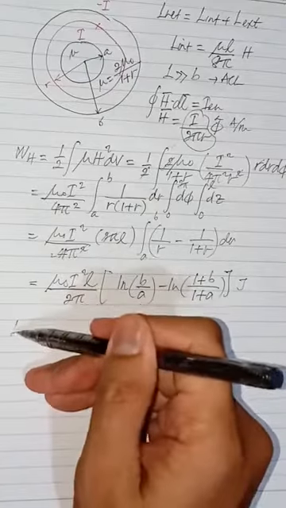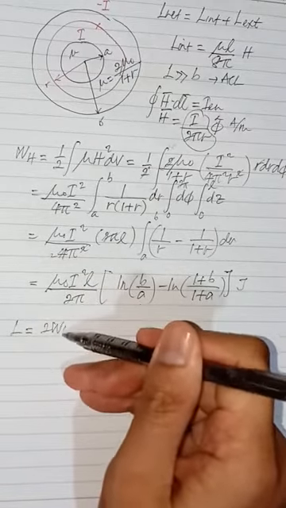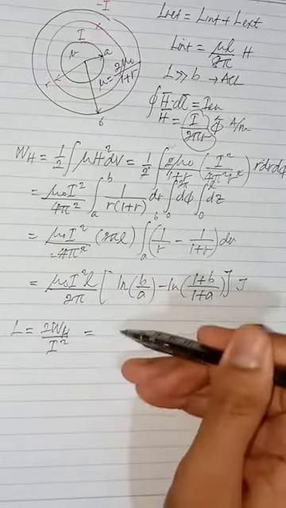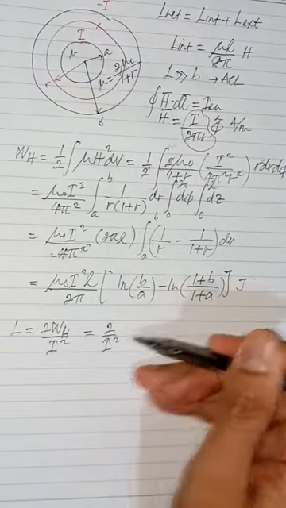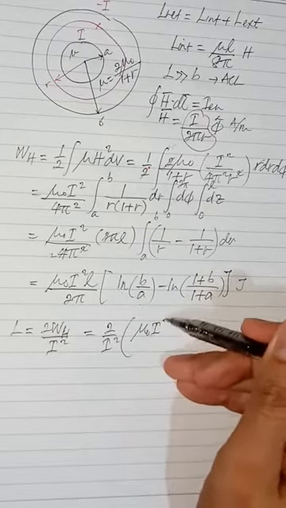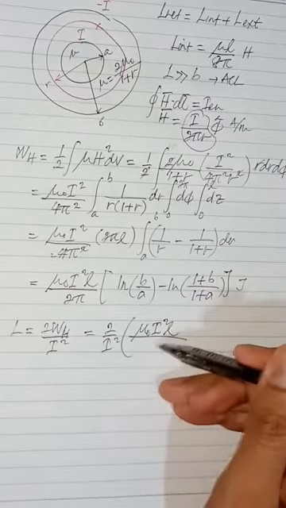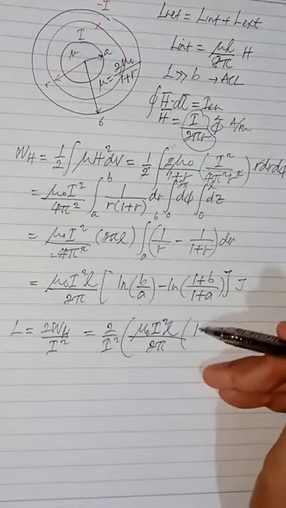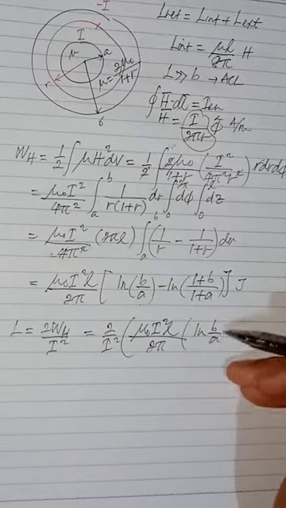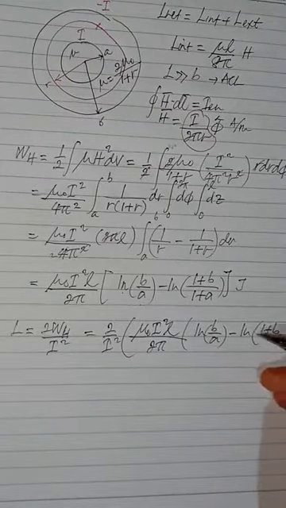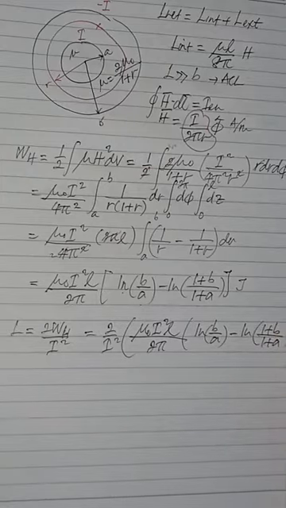So the L can be obtained using this expression: 2 times the magnetic energy over I squared. So just 2 over I squared, and then put in the expression mu naught I squared L over 2 pi, ln B over A minus ln 1 plus B over 1 plus A. Okay, so let's simplify.